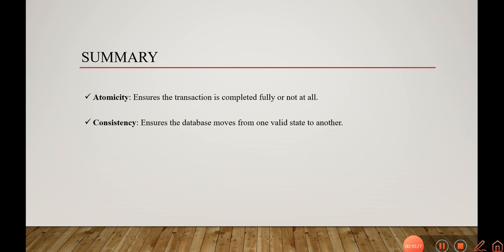Consistency ensures that the database schema, I mean the internal part, is satisfying and fulfilling the set of rules and constraints. Isolation ensures that transactions do not interfere with each other, as we discussed, where both users perform transactions with no conflict.